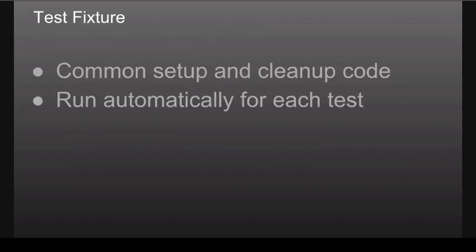So what we do is we have a test fixture which gives you common setup and cleanup code. And unittest orchestrates running the setup and the cleanup code automatically for every single one of those functions. Of course, you want to make sure that you don't stack those setup and cleanup codes with a lot of functionality, a lot of system calls, or a lot of resource calls, just because it's going to be slow.